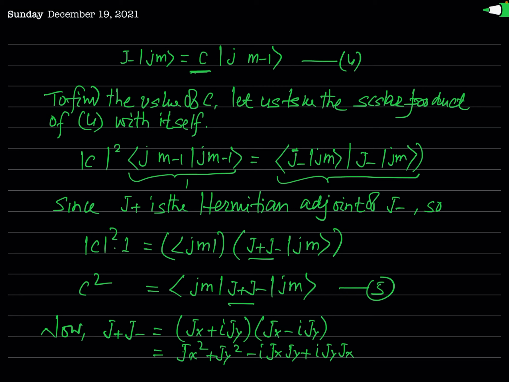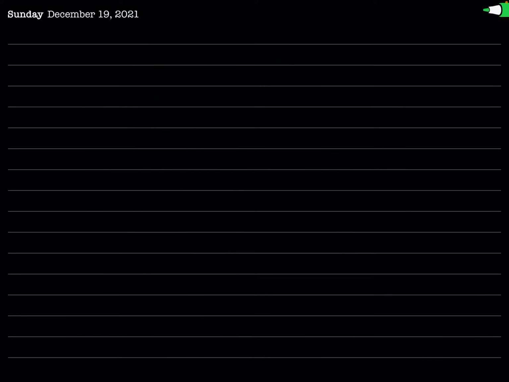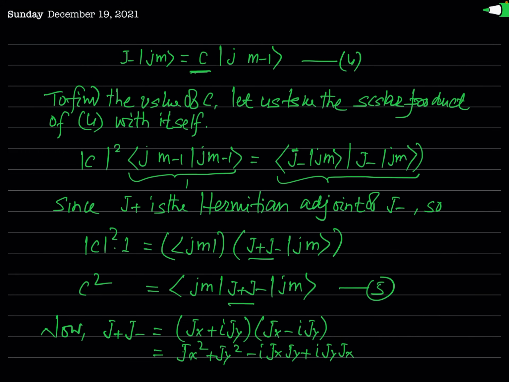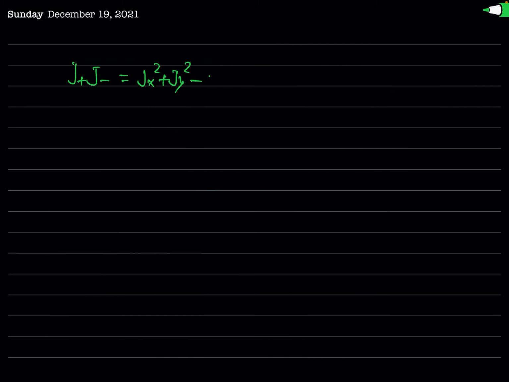Is it okay? Now see, this result may be written like this. This is j plus j minus, and in RHS there is jx square plus jy square, and in the last two terms you can take this minus i as a common factor.